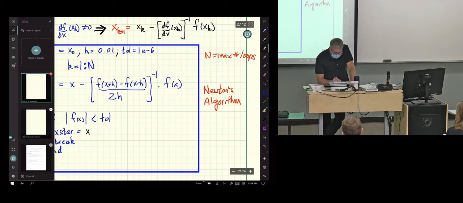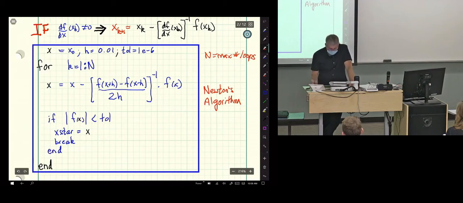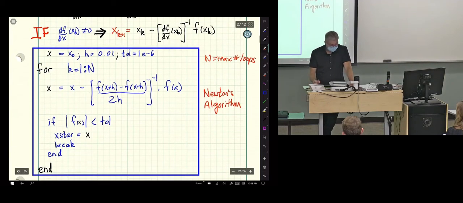And why would you want to do that? It makes sure that you stop sometimes. So you don't just start the algorithm and then it runs forever, okay? So this just gives you a maximum number of loops. So you might set n equal to 10 to the power 4, for example, 10,000. Perfectly fine, okay? Other questions?